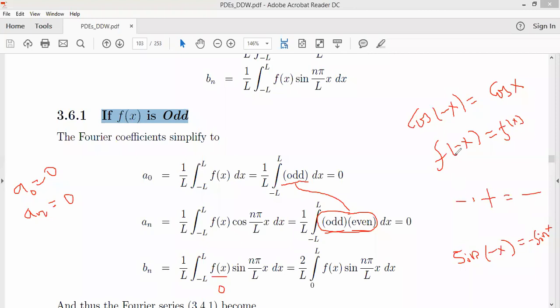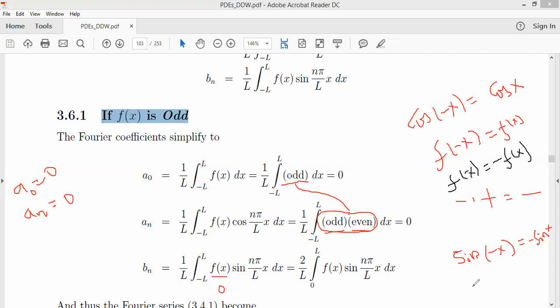If I try to relate this with our definition, it implies that you have a certain f of minus x, which simply gives you a minus f of x. I hope we are together. So f(x) is odd, but even the sine here is odd. Remember, we say the odd times the odd is even.